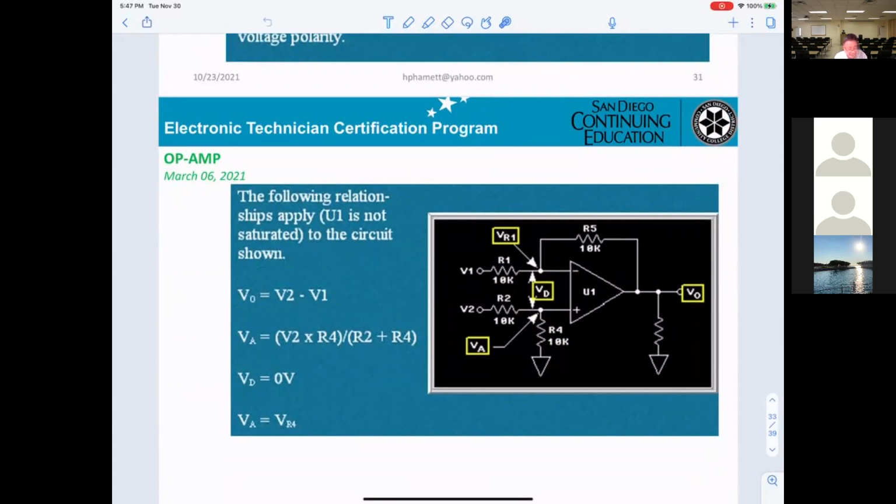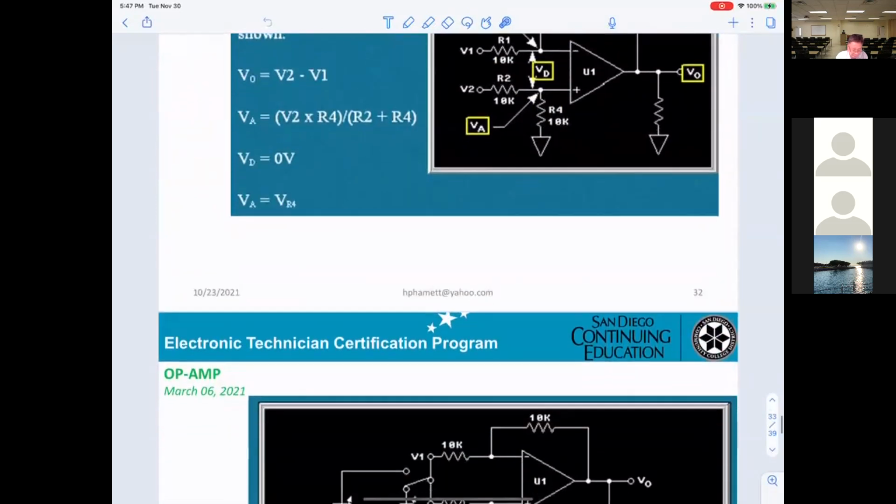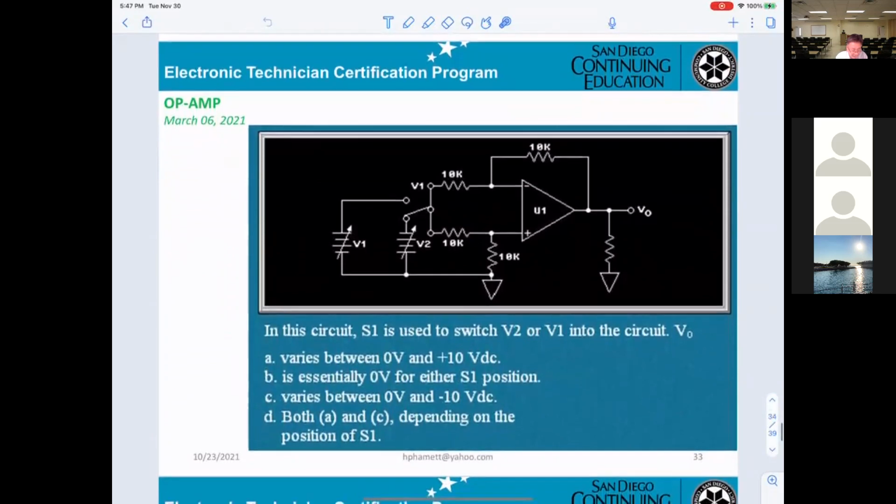Okay, so basically they just gave you more detail for this circuitry here. And when you're doing your left volt, you will go through this thing again. Now, in this circuit, S1 switches V2 or V1 into the circuit.